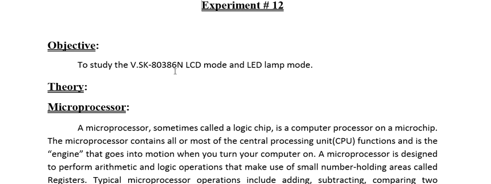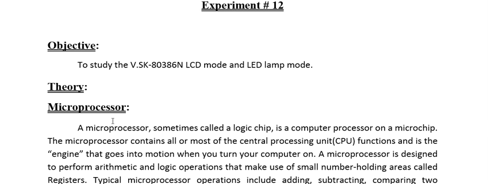This trainer is easily accessible in the NFCIET microprocessor lab, but over here we have to do it orally, and we need to understand first of all what a microprocessor is and how this trainer is going to perform these two modes, LCD mode and LED lamp mode.